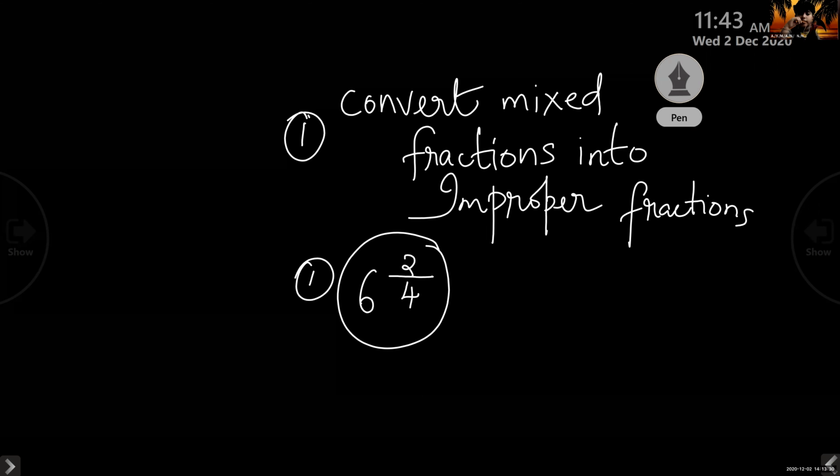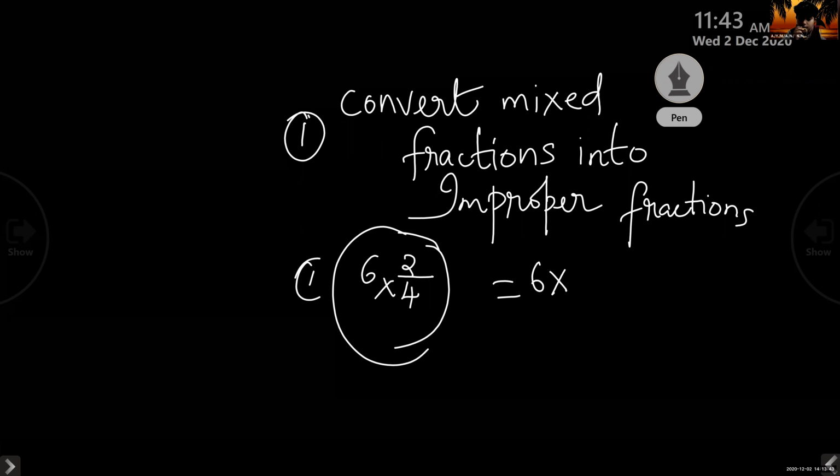Ma'am, we should multiply the whole number with the denominator. So 6 into 4, then plus 2. What is 6 into 4? 24.